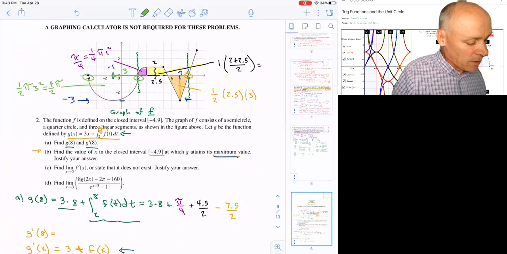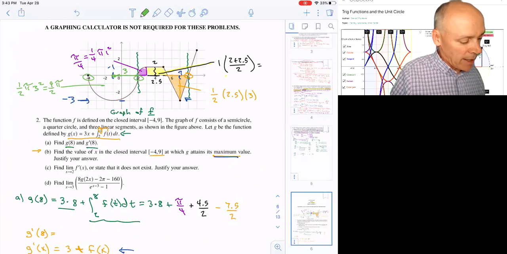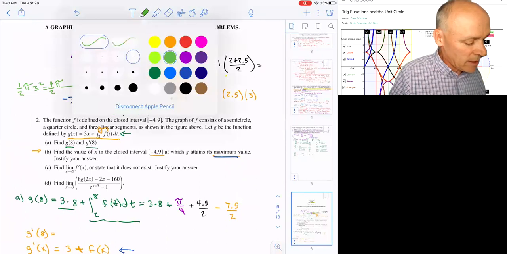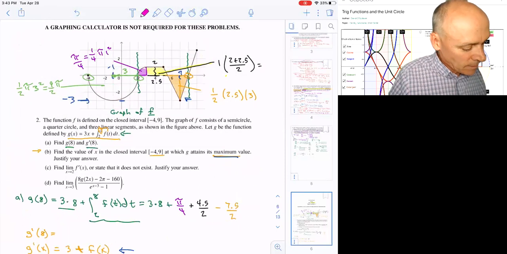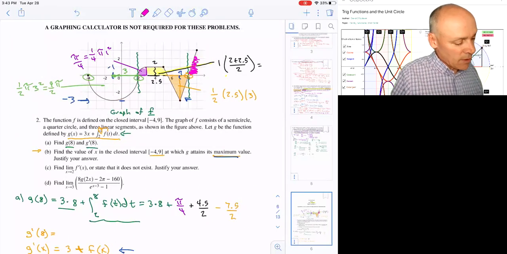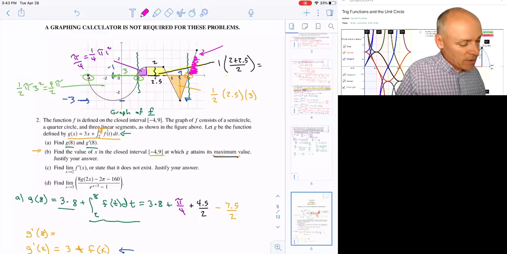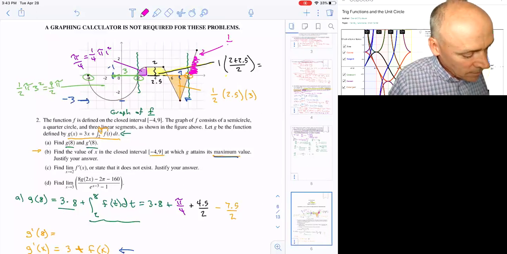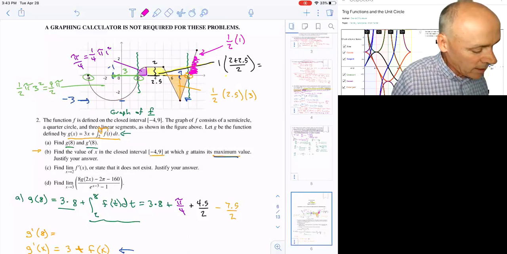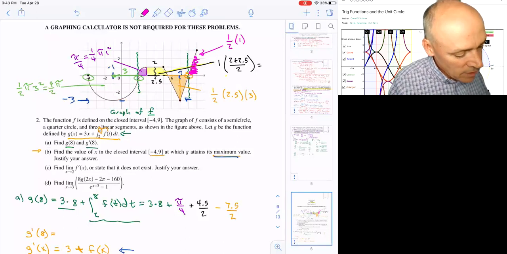Okay, I went from 2 to 8. I got that one earlier, and now to do 9, I basically just have to go for this last triangle right there. That's just going to be 1/2. The base is 1 unit, and the height is 1, 2, 3 units.